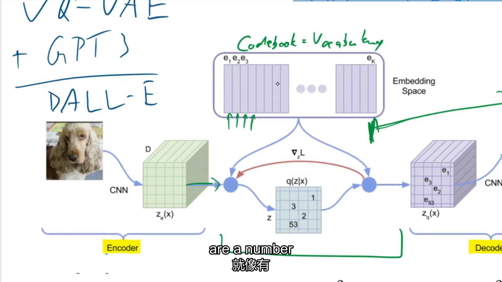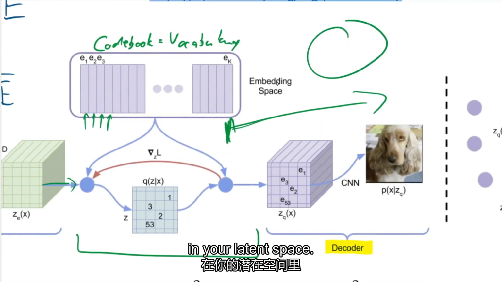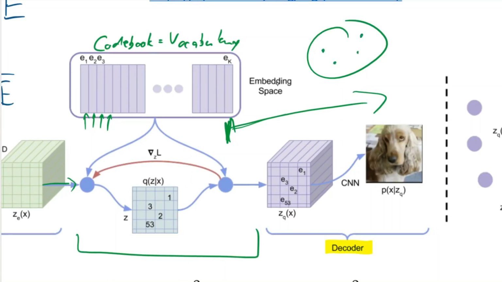There are a number of vectors that you have at your disposal, Mr. or Miss or Mrs. Encoder. You can only choose those. You can't choose any vector that you want. So in your latent space, there's this, this, this, this. You have to choose one of them.